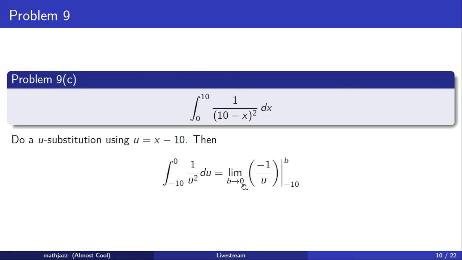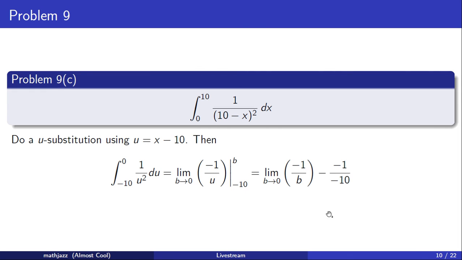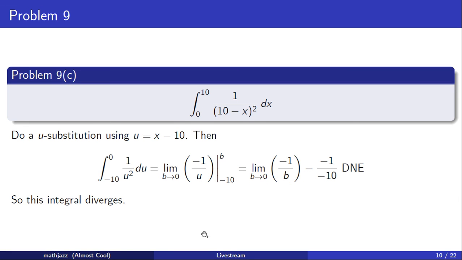We get the limit as b goes to 0 of negative 1 over u from negative 10 to b. But the limit as b goes to 0 of negative 1 over b is infinite, so that's going to diverge. So since this limit diverges, this whole integral diverges. Whole thing diverges.